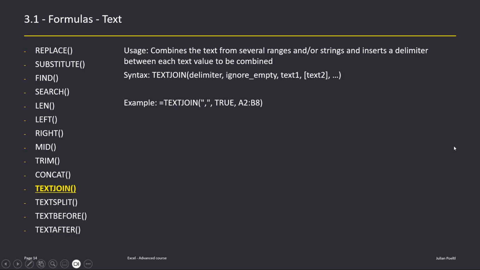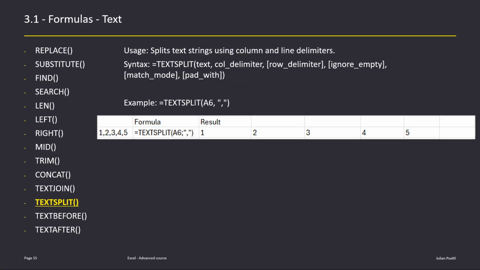For example, here every text in A2 that isn't empty, so if there is text in A2 up to B8, the text there will be joined with a comma as a delimiter. TEXTSPLIT is the reverse operation to TEXTJOIN. It will split a text string using column and row delimiters.